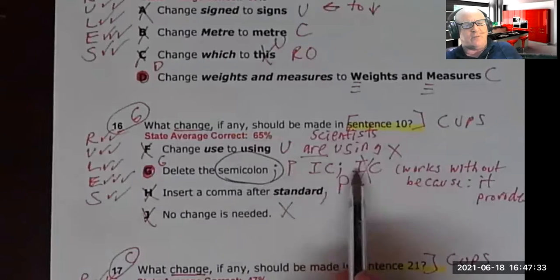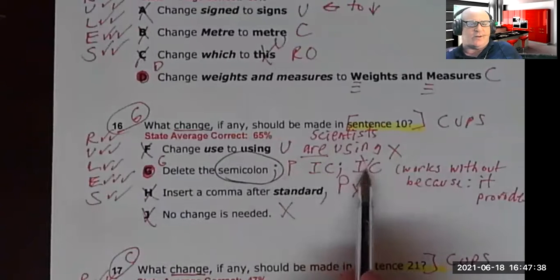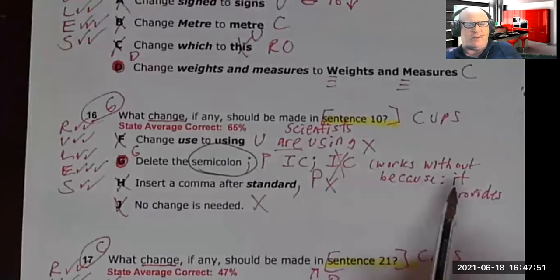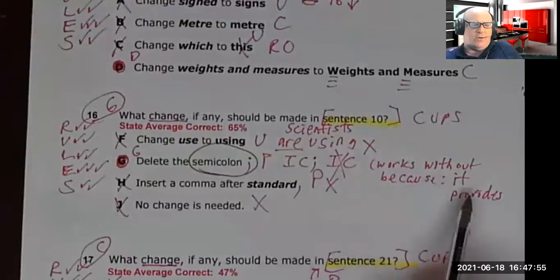And because it's not followed by another independent clause, it starts with the word because, then that can't work. And you're going to see here that it would work with a semicolon if you take out because and put provides. So let's take a look.